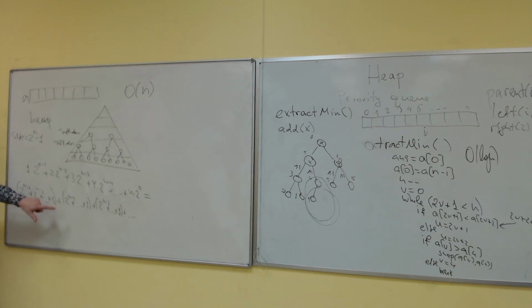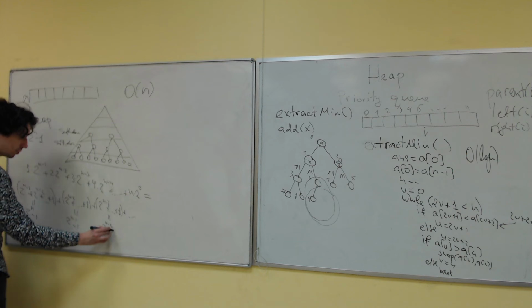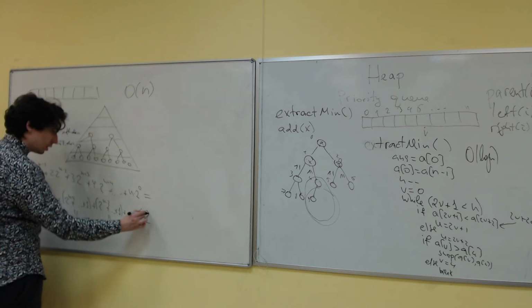Each 2 to the power i is counted n minus i times here. So you build the first sum of powers of 2, then the second sum of powers of 2, and so on. The first is 2 to the power n minus 1, the second is 2 to the power n minus 1 minus 1, the third is 2 to the power n minus 2 minus 1, and so on. When you add them together, it is again a sum of powers of 2, so it is less than or equal to 2 to the power n plus 1.